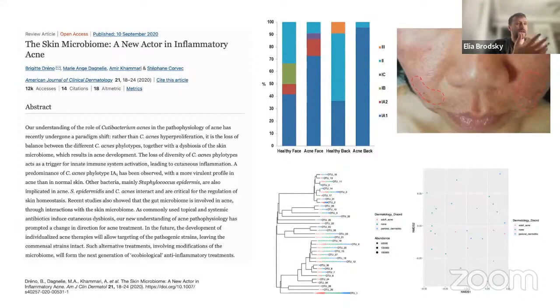One of the examples here is an analysis of a paper and some publicly available data on the comparison between acne and perioral dermatitis, another very interesting application.